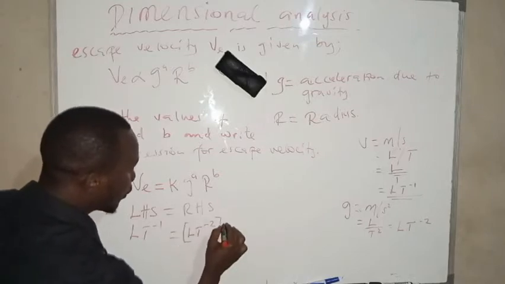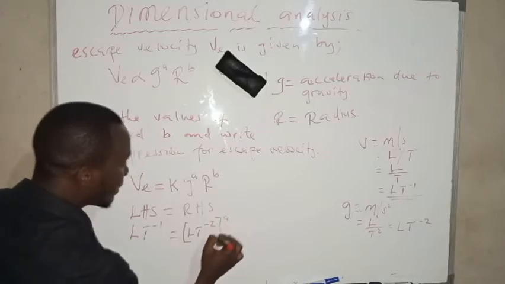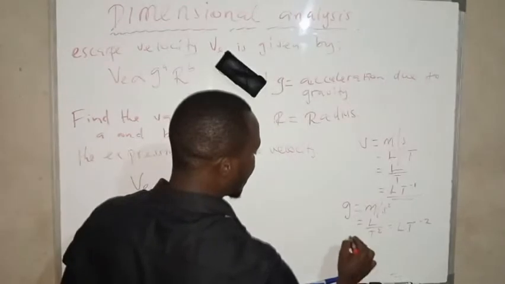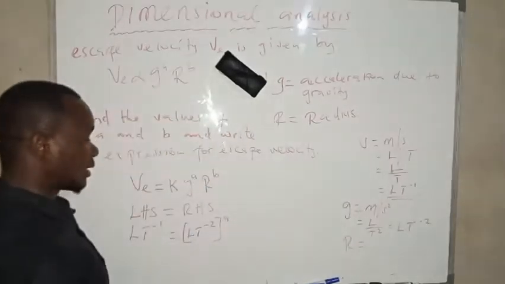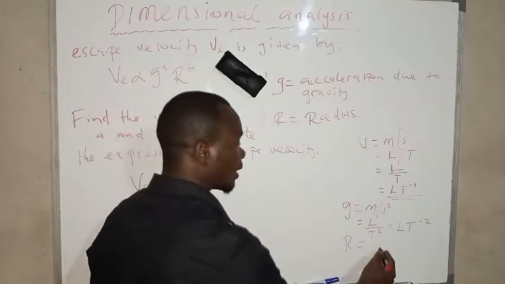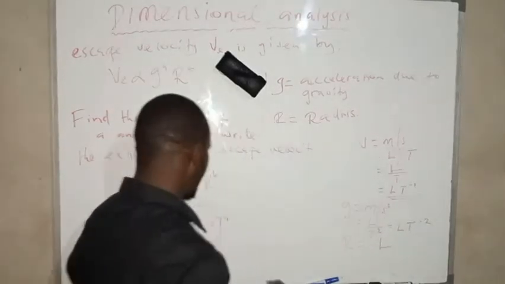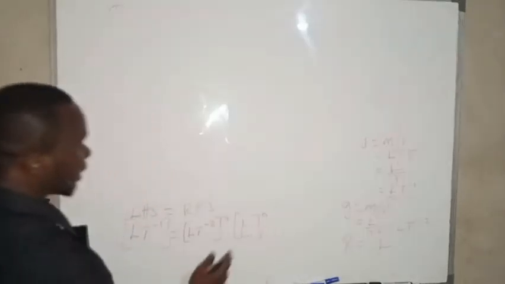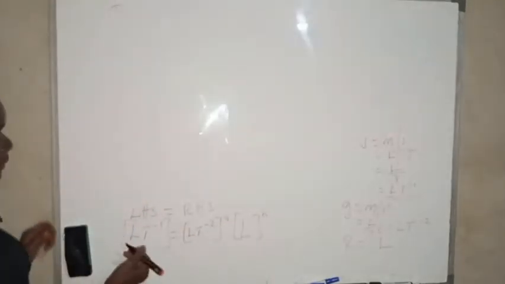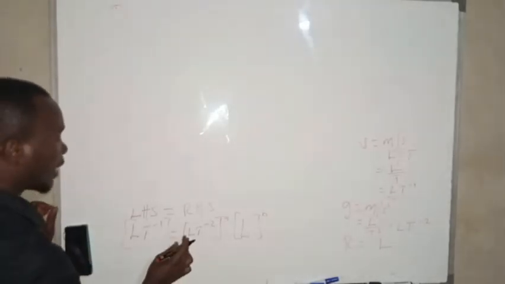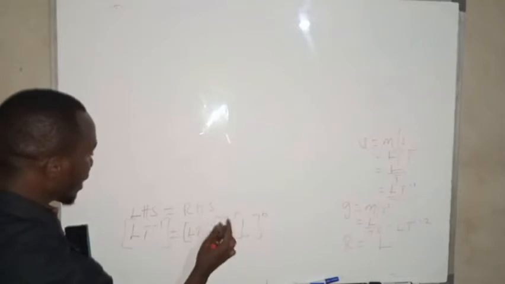This must be raised to the power A, and then we have R, which is the radius, raised to the power B. Now we can distribute the powers.